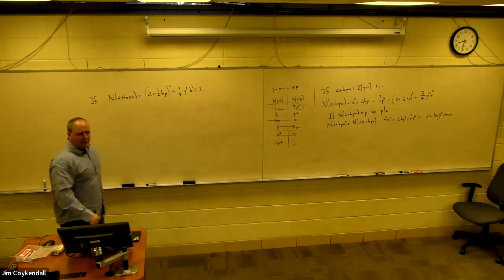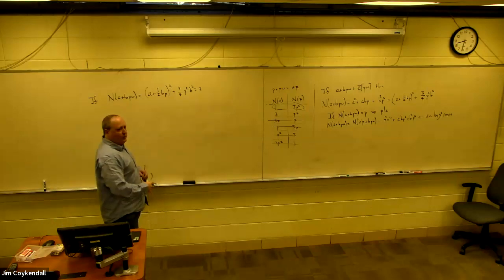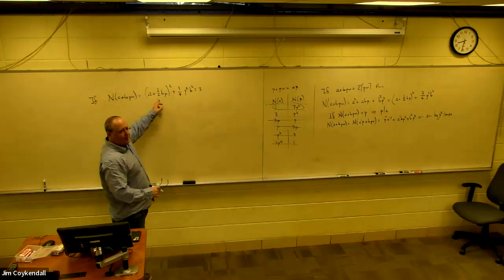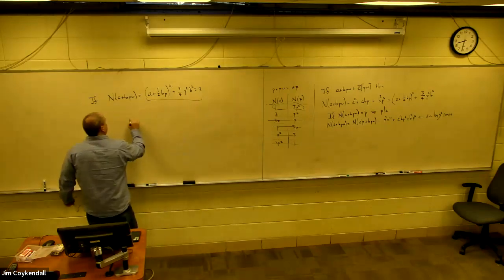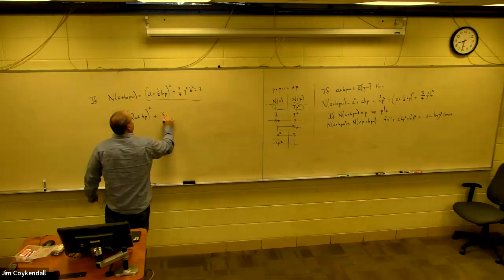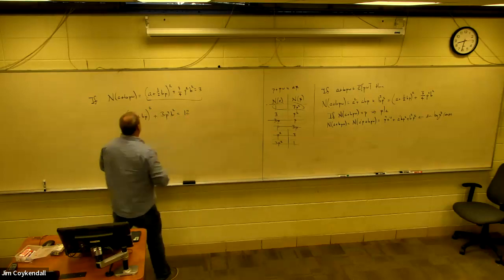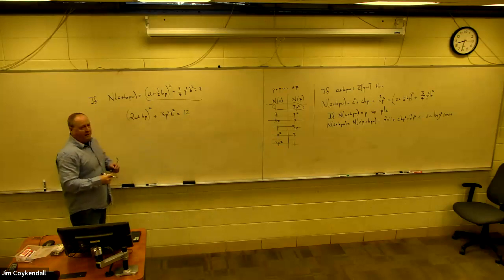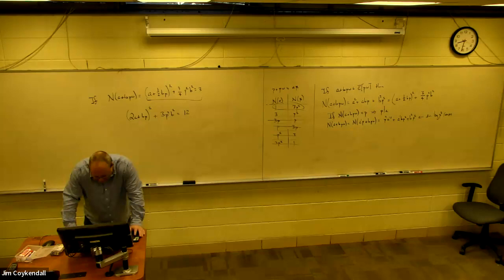Let's just suppose for the sake of argument that's true. I do have a pea-sized little brain, don't like fractions too much. So I'm going to multiply both sides of this by 4. So I get 2a plus bp squared plus 3p squared b squared is equal to 12. Multiply that out by 4.